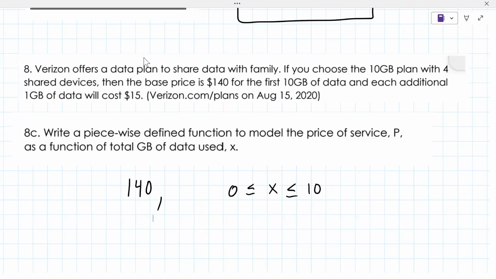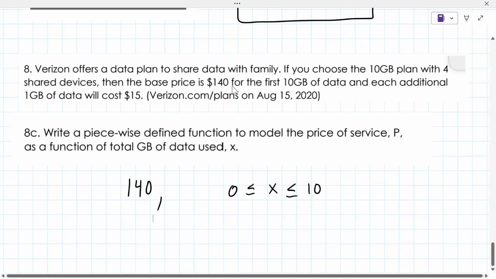X is greater than or equal to 0. Does that make sense? Yeah, I think it makes sense because you can't be charged for negative. Right, yeah, exactly.